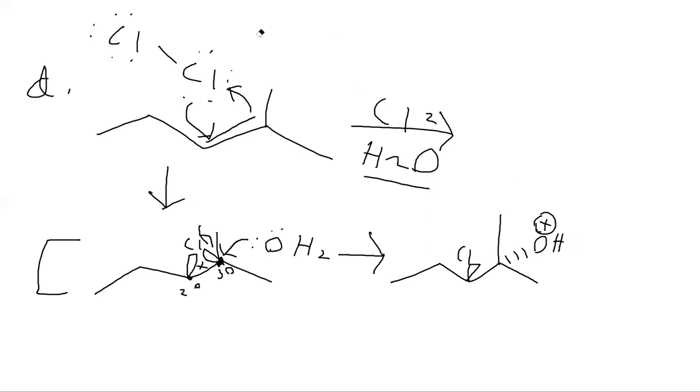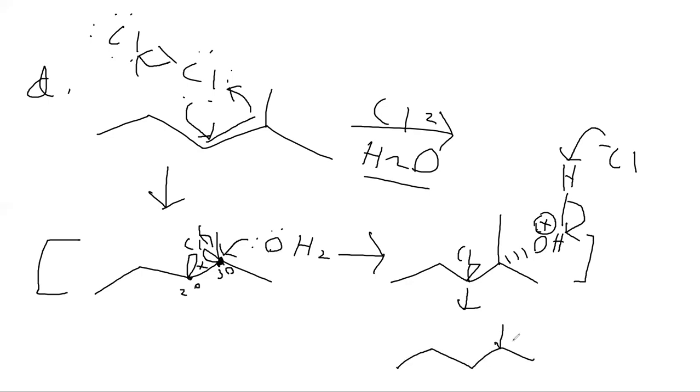Should draw it out a little differently to make this easier. So that's something I forgot, this bond breaks. And the chlorine that was formed before comes and takes that hydrogen, and then the electrons go to oxygen. So you form HCl. That's not super important, but it's a byproduct.